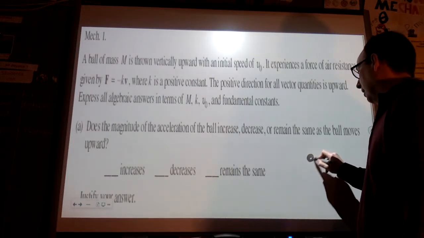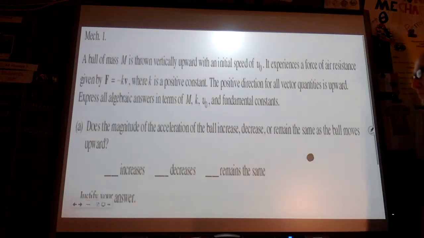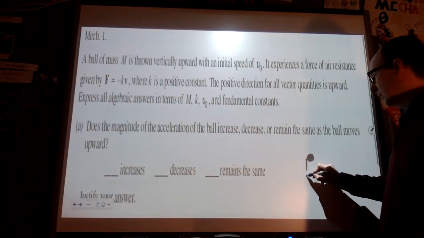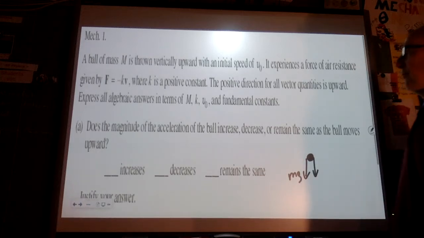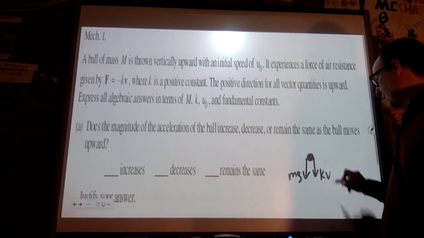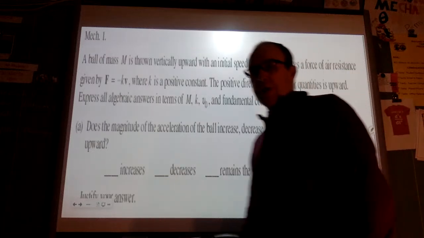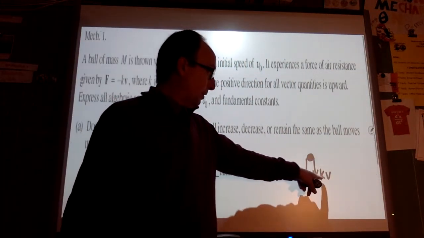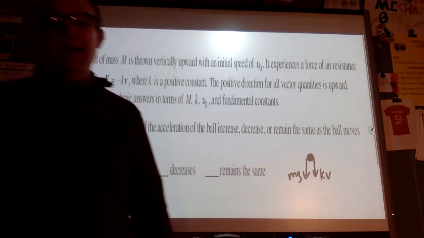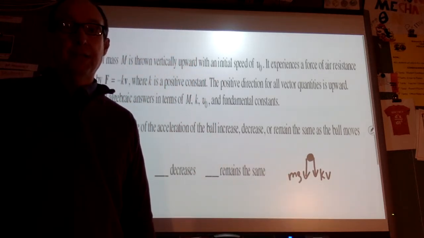So our acceleration is going to be related to our forces. Both of our forces, as we go up, are mg and kv. I don't have to write negative kv because I drew it down.